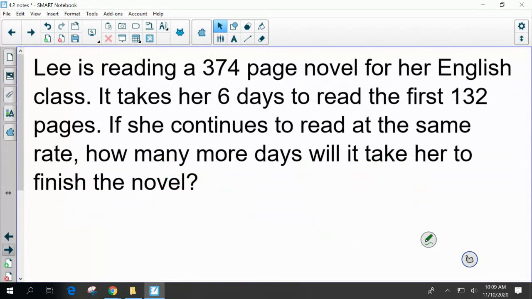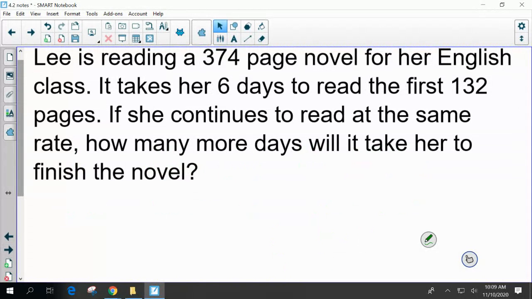Okay, the next one. Lee is reading a 374-page novel for English class. It takes her 6 days to read 132 pages. So I'm going to do days over pages. So 6 days to read 132 pages. If she continues to read at the same rate, how many more days will it take her to finish the novel? So I have the number 374.